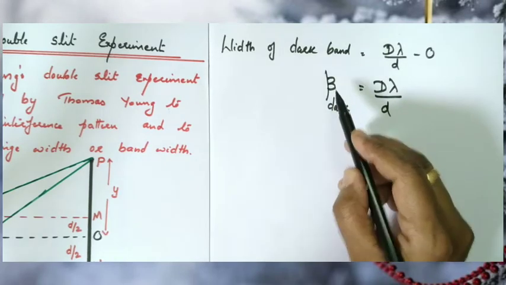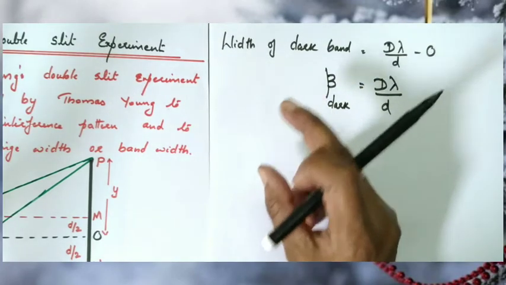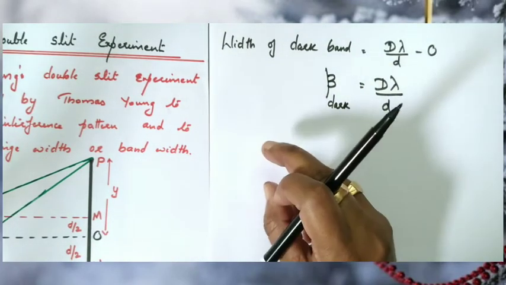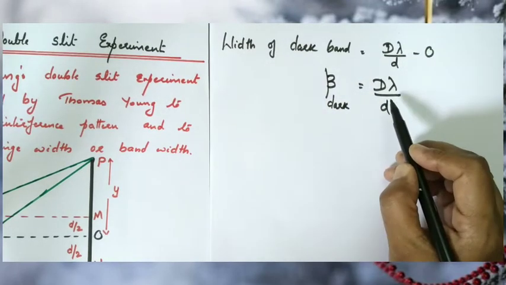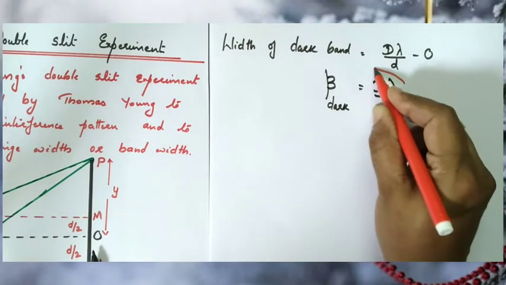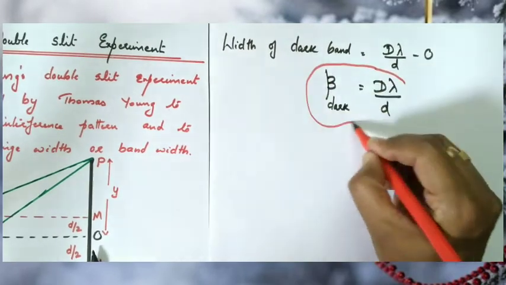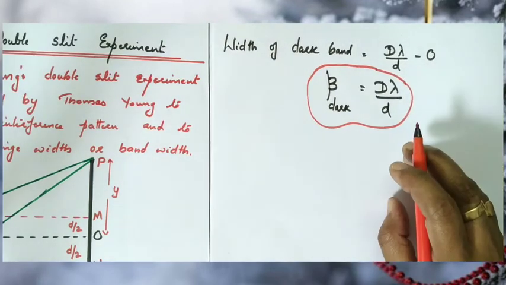This is actually the linear width. Linear width means its unit is in centimeter or meter range. So linear width of the dark band is given by beta is equal to D lambda divided by d. The linear bandwidth of the dark band is D lambda by d. So width of all dark bands is D lambda by d.